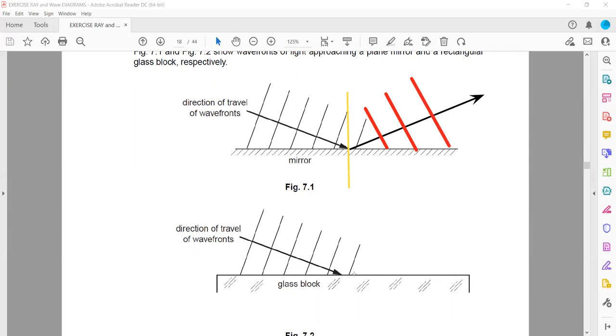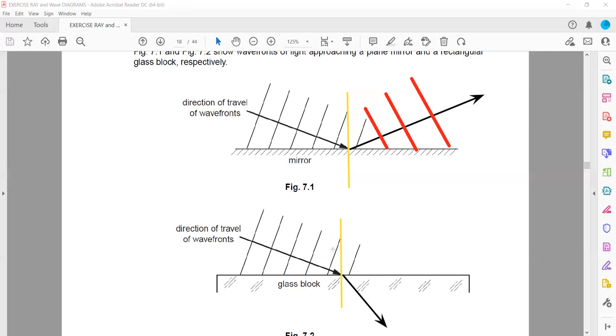But moving from air to glass, the speed of the light decreases. So when we draw the normal, the imaginary line which is perpendicular to the surface, we will observe that the speed of the light decreases. And then to draw the refracted ray, it bends towards the normal as the speed decreases.